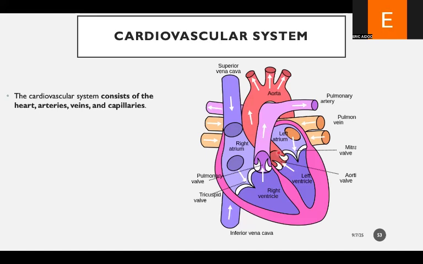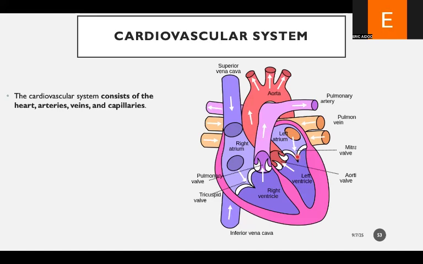Because the valve is related to the aorta, it's called aortic valve. This one is also related to the pulmonary artery, so it's called pulmonary valve. And then this one has three cusps, so it is called tricuspid valve. And this one is mitral valve or bicuspid because it has two cusps.